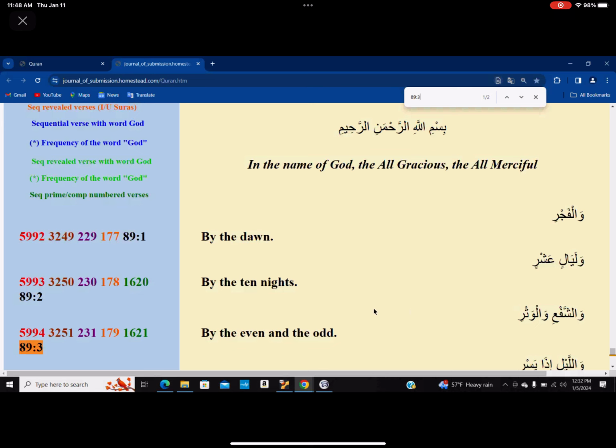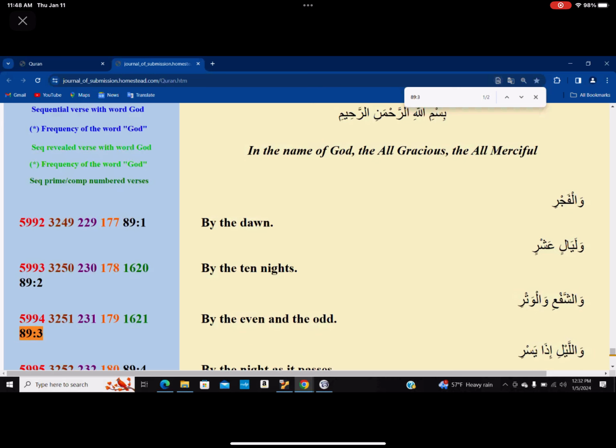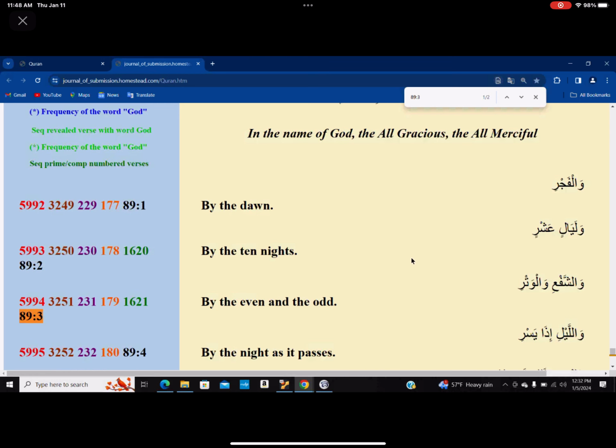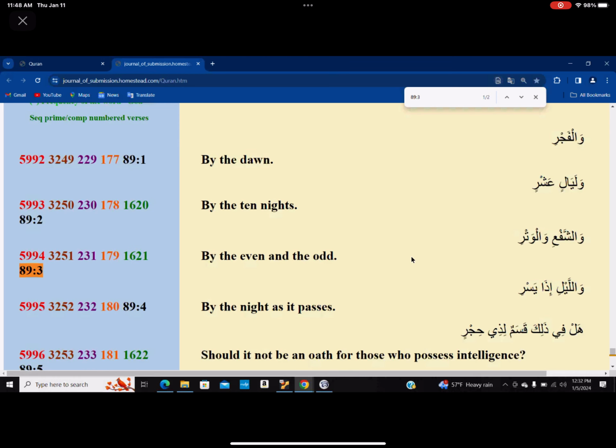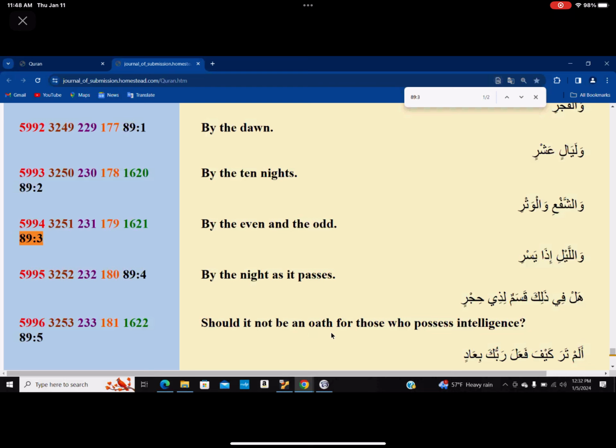By the dawn, by the 10 nights, by the even and the odd, by the night as it passes, should it not be an oath for those who possess intelligence? This is what God is saying. God is taking an oath by these.